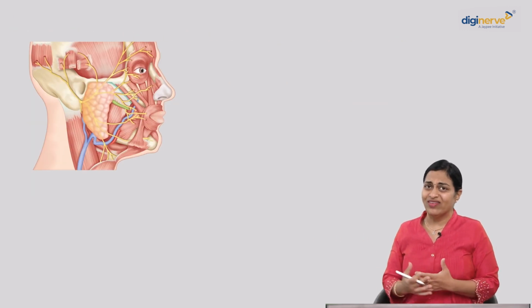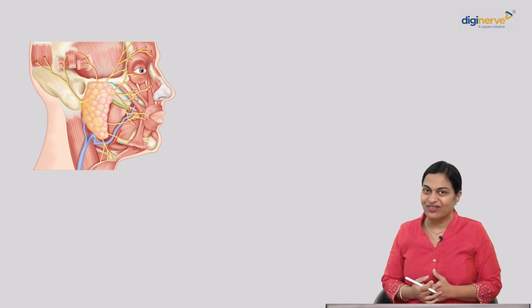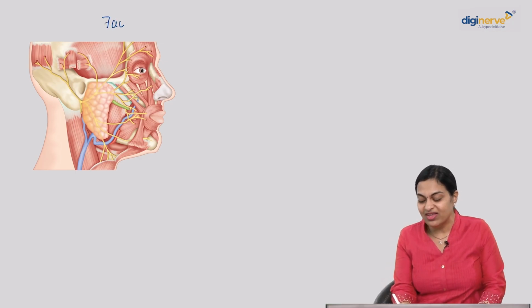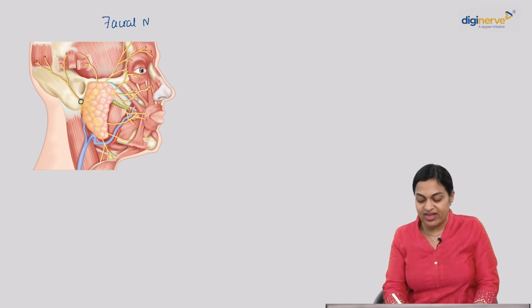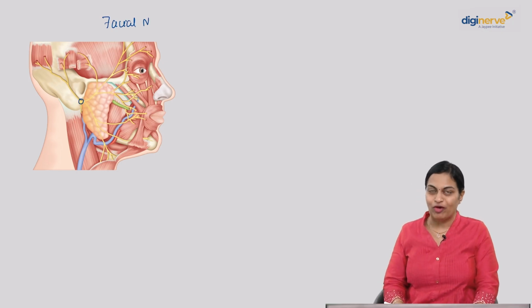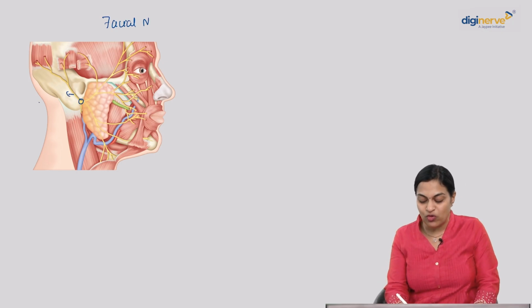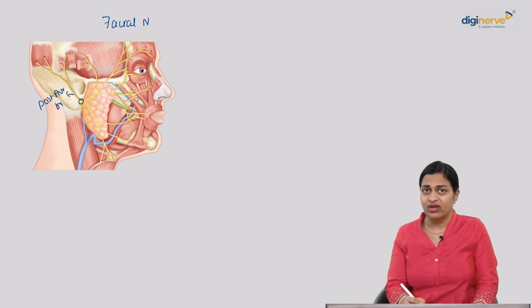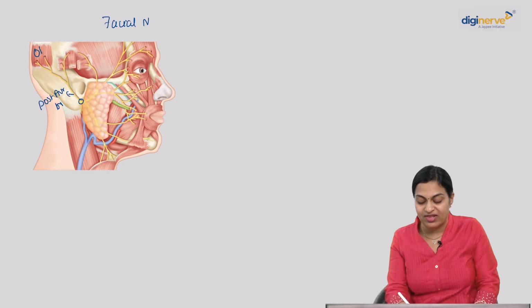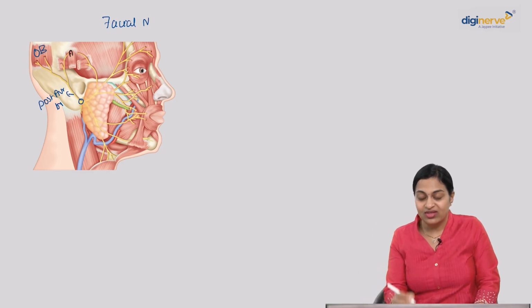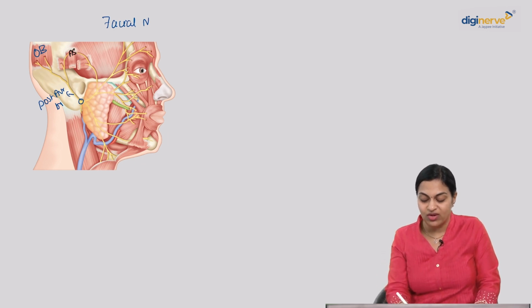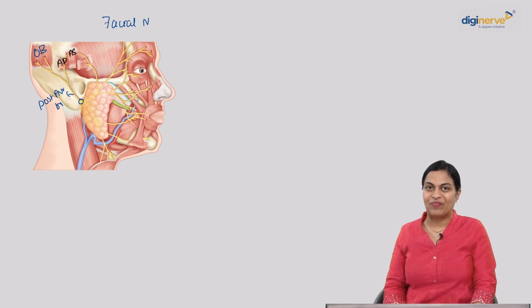Coming to the innervation of the facial muscles, it's by the facial nerve, the seventh cranial nerve. It exits through the stylomastoid foramen and gives the posterior auricular branch, which supplies the occipital belly of occipitofrontalis and the auricular muscles, auricularis superior and auricularis posterior.